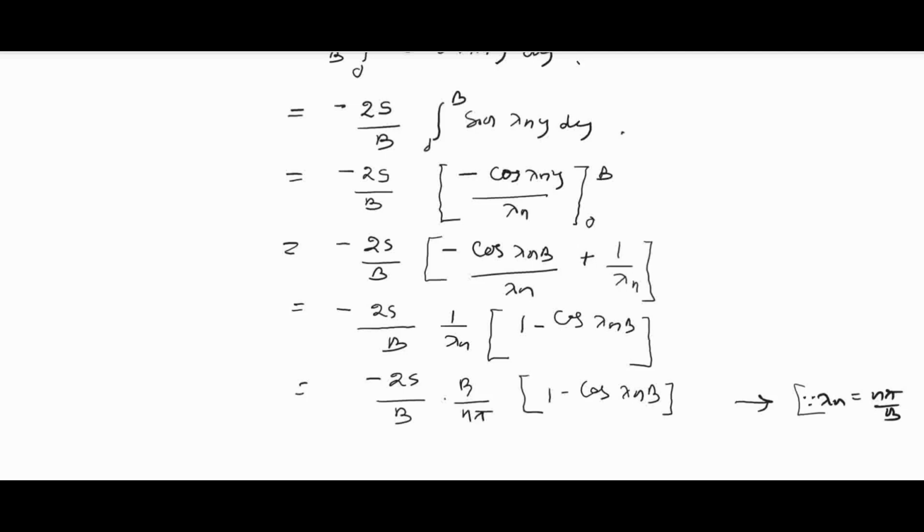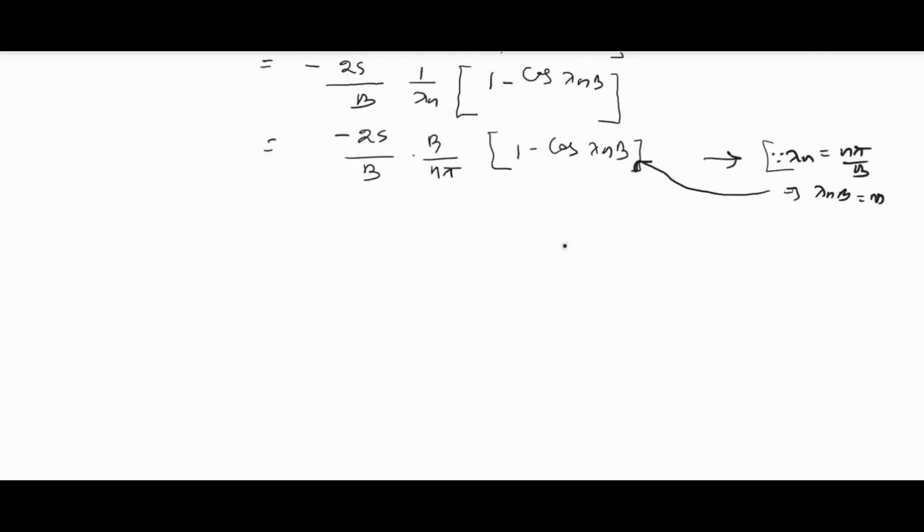So that implies what? Lambda n b means n pi. Let us replace lambda n b is equal to n pi here, and what we'll get? We will get minus 2s by n pi into 1 minus cos n pi, or in simplification form we can write this, if the minus will be multiplied here, we will get 2s by n pi into cos n pi minus 1.